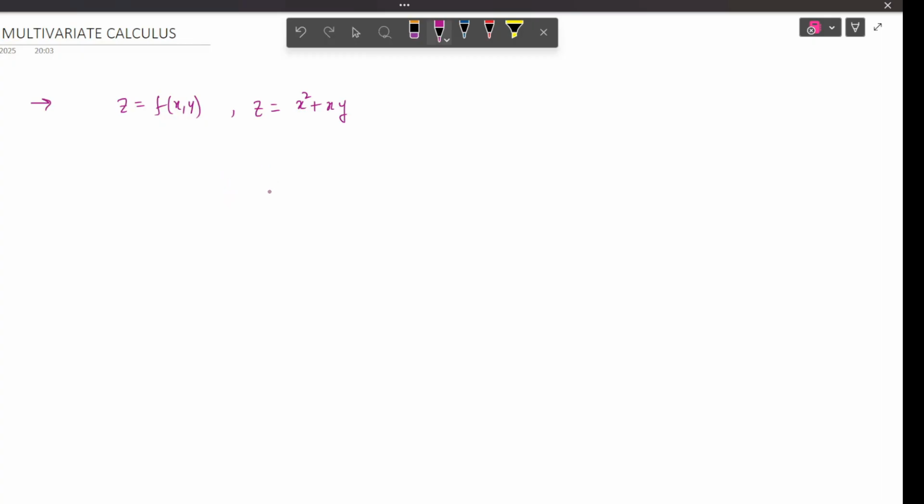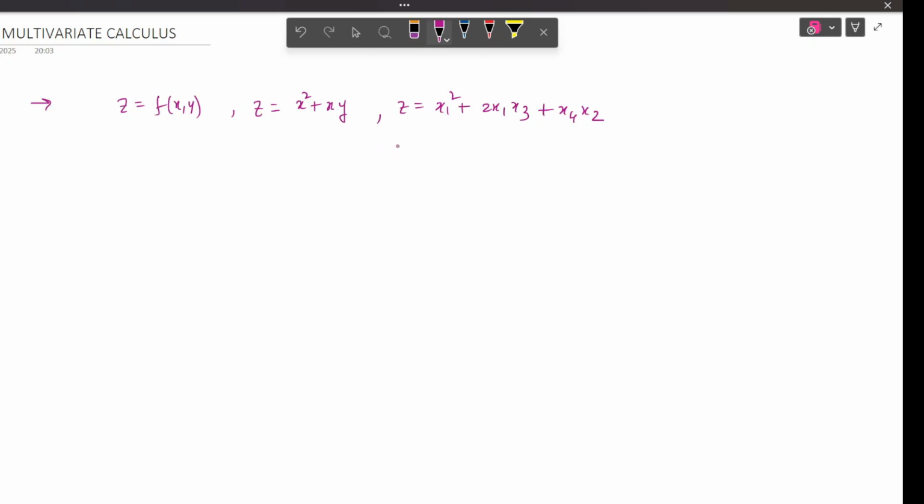So if we extend this knowledge to, let us say, four variables, let us say we have z as x1 square plus 2x1 x3 plus x4 x2. Okay.